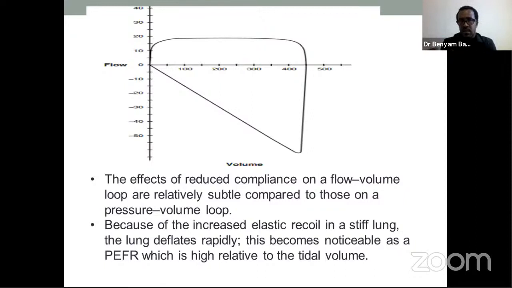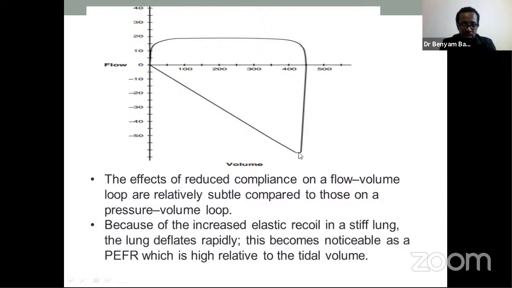When we go to the expiratory time, the lung will be stiff and compressing, so there will be rapid flow of air. This will be represented on the flow volume loop as increased expiratory flow. So this is the inspiratory flow followed by high expiratory flow.